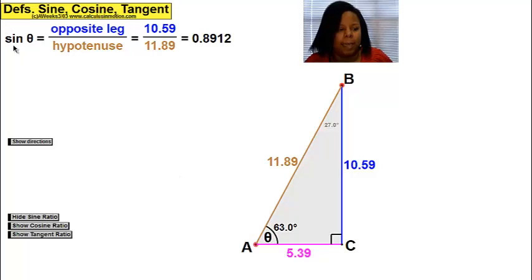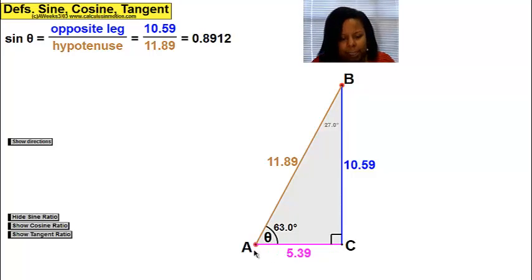So let's take a look at this first ratio. We're going to call this ratio the sine ratio, and it's the opposite leg over the hypotenuse. Well, what does that mean? Based off this angle, which we're going to name theta, that's the Greek alphabet letter, this angle theta has two sides that produce it, which are the hypotenuse and a leg.